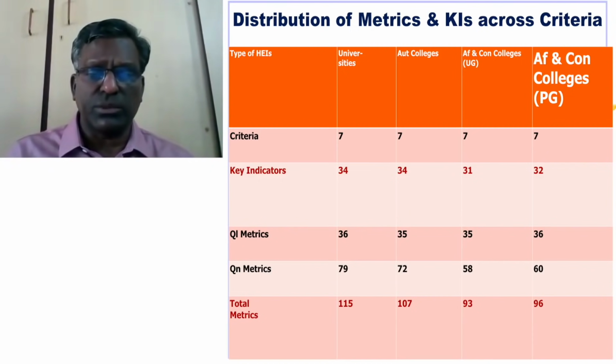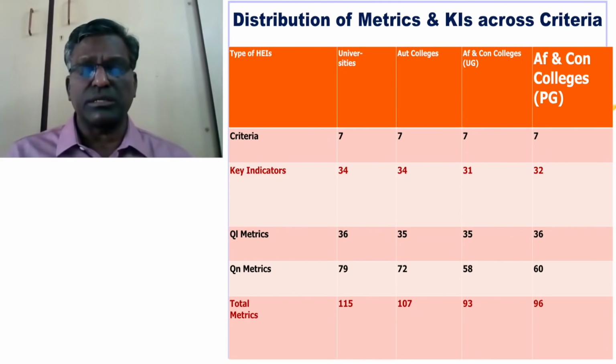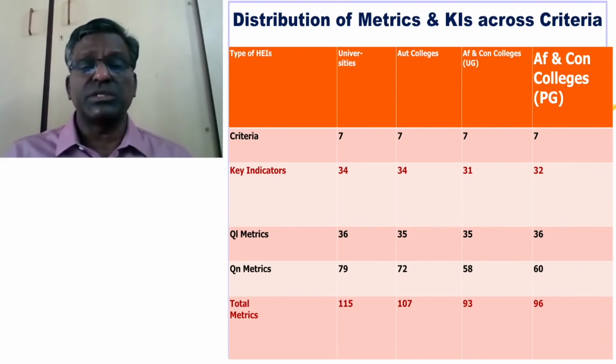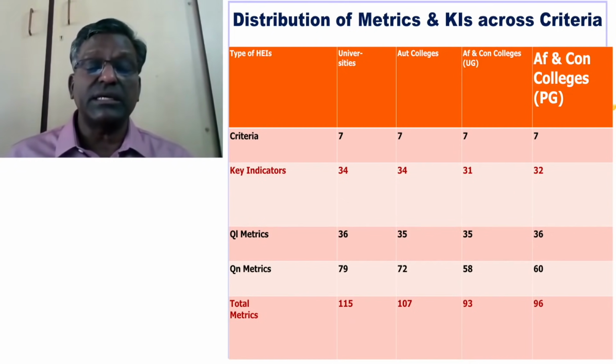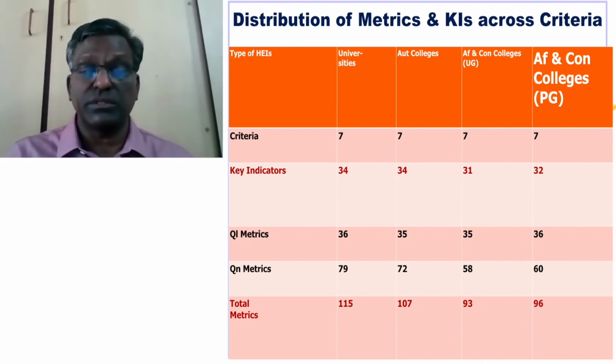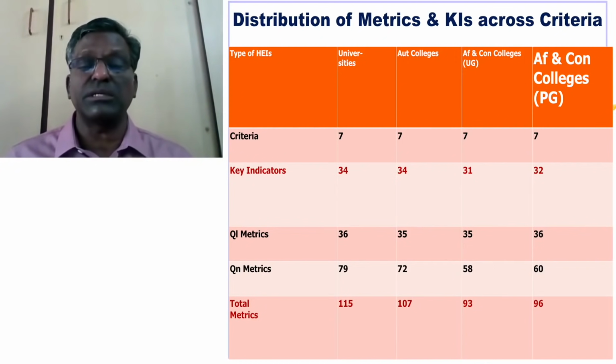So therefore, you would like to ask me, what is this qualitative metrics and what is this quantitative metrics? Now look at the word quantitative. Data, figures, facts. How many students are there? How many teachers are there in this institution with PhD? So these are data, these are quantitative. So it is quantified. Therefore they are called quantitative metrics.